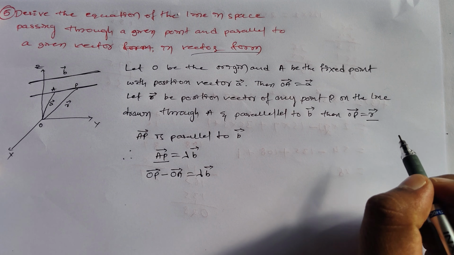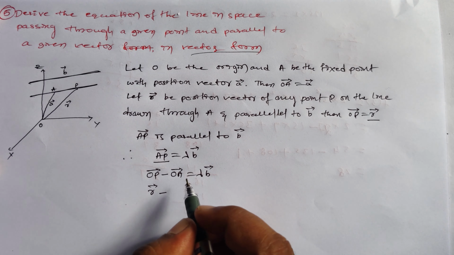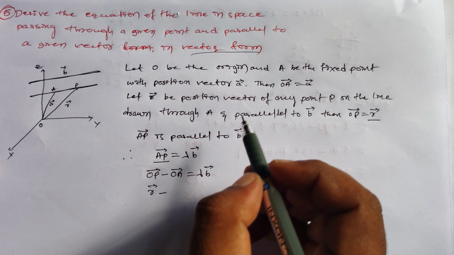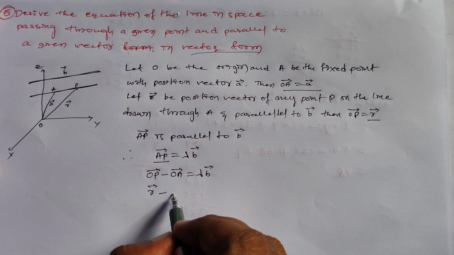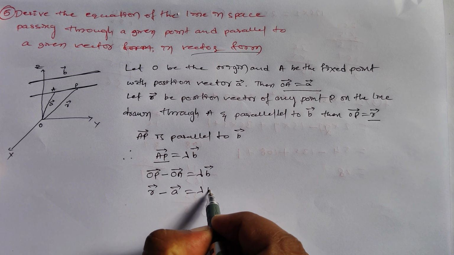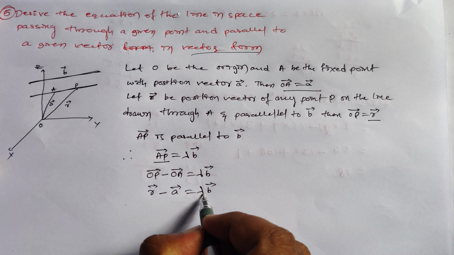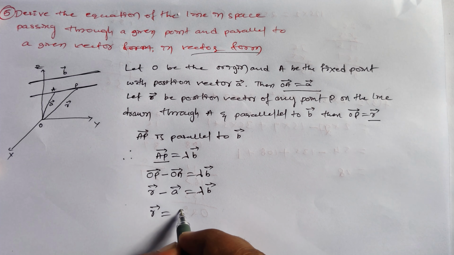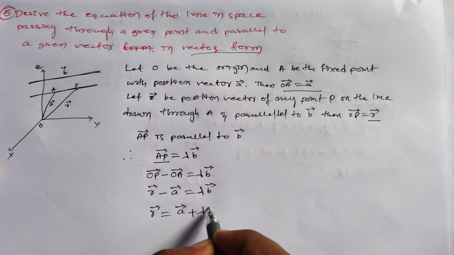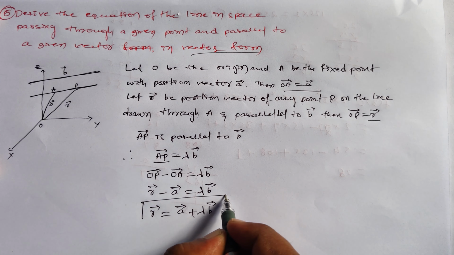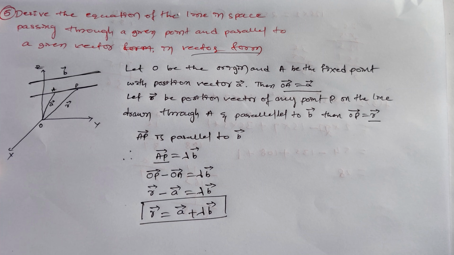The position of P vector is R vector, minus the position of A vector. So R vector minus A vector is equal to lambda B vector. Okay, so take A to that side, so R vector is equal to A vector plus lambda B vector. Okay, this is the equation of a line passing through the point and parallel to the vector, right?